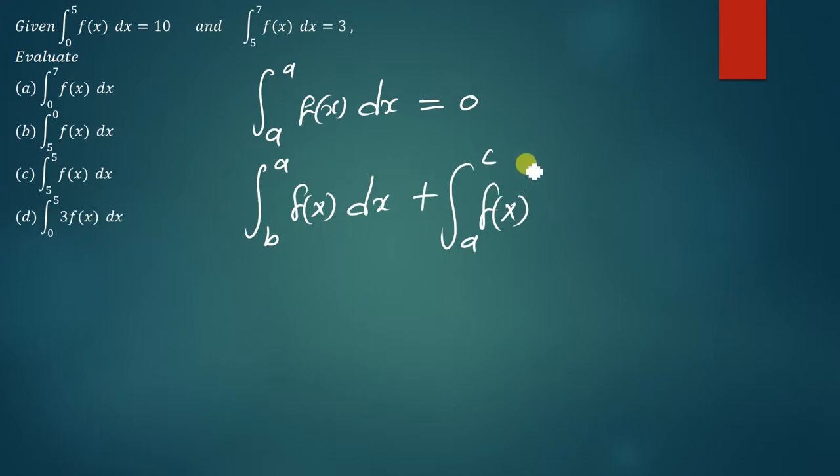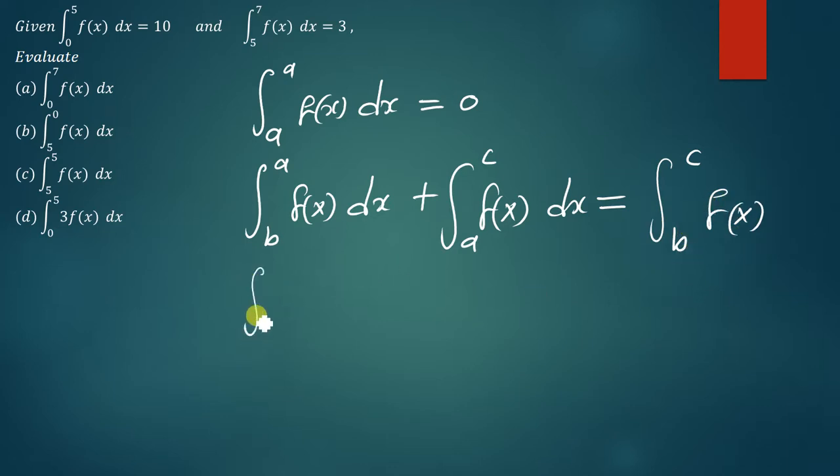when you add these two integrals, the solution is just the integral of f of x from the first lower limit to the last upper limit. Then there's also this one: the integral of f of x with respect to x is simply equal to the negative integral when you switch the limits.